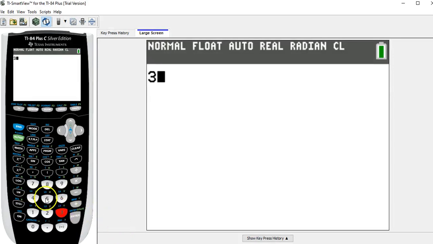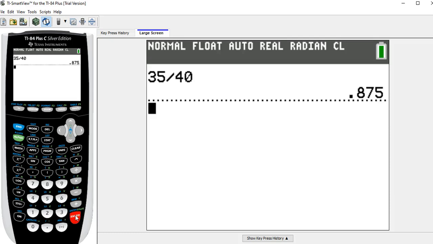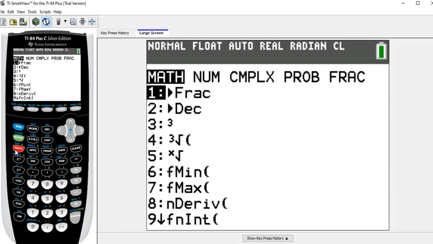If I go 35 divided by 40, and hit enter, this will give me the decimal equivalent, and then we can convert the decimal equivalent back to a fraction in reduced terms by hitting math. And then the very first thing here on the math menu is ▶Frac.